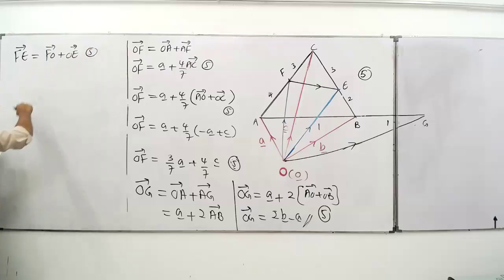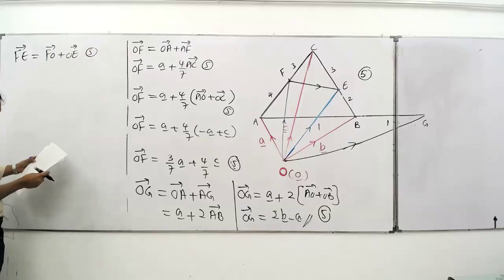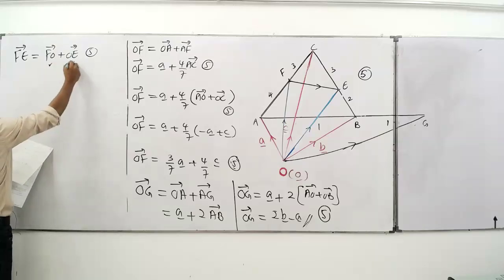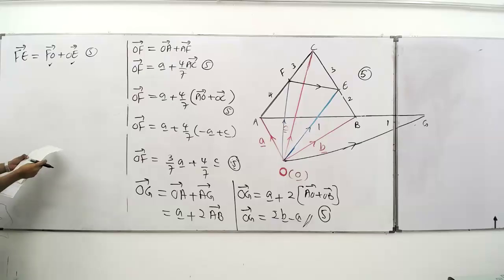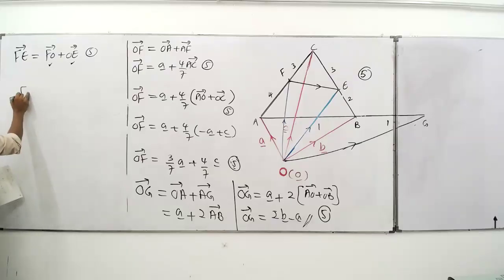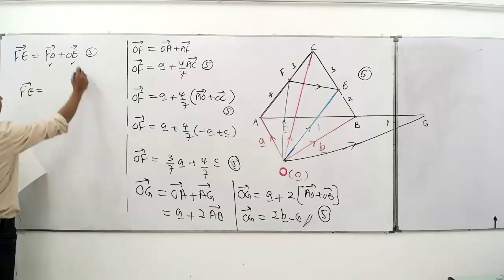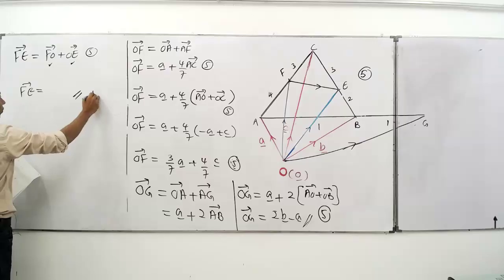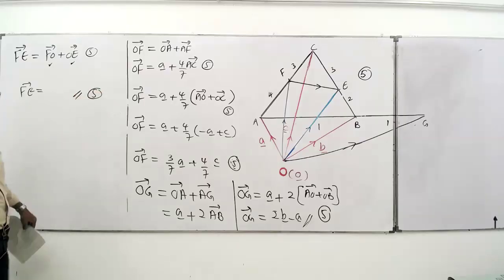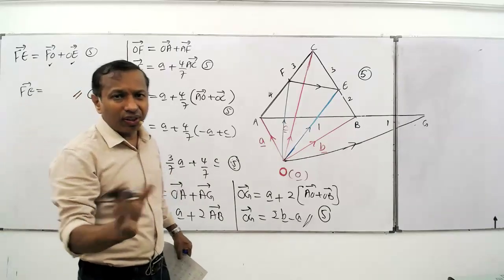Substitute the earlier answers. FO, I think you found, and OE also you found. Substitute these two answers in these places and simplify to get the final answer. I'm not going to show that simplification. Write it this way, substitute these two, take the final answer, and 5 marks come. Those things you just write and simplify.